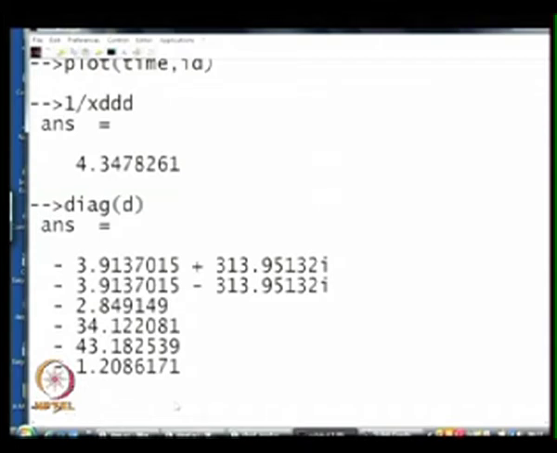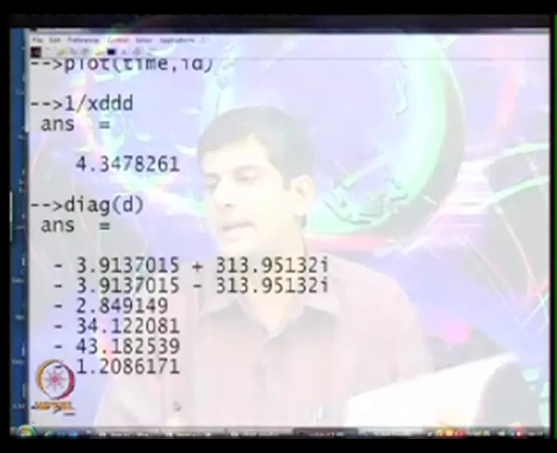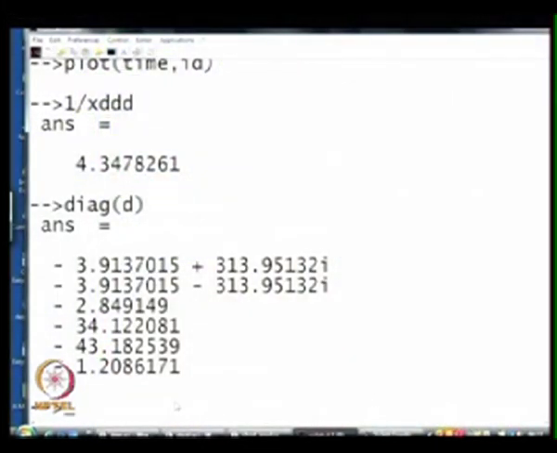It is roughly 340, that is the radian frequency corresponding to 50 hertz. Now, it is not surprising that the magnitude of the first two eigenvalues, the complex pair, is quite large compared to the other eigenvalues.